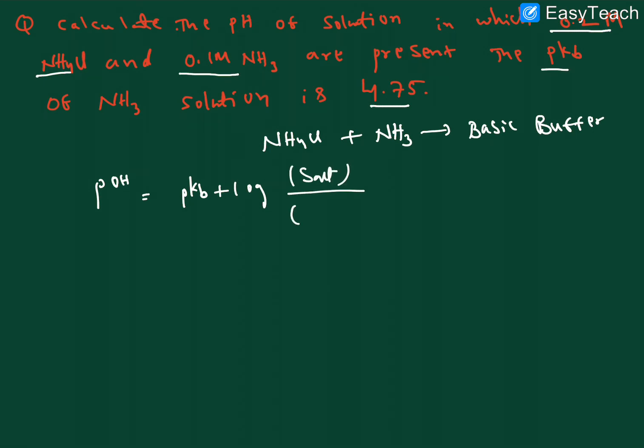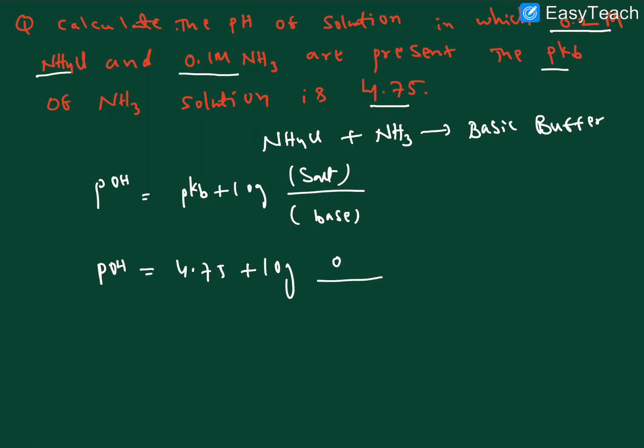For the basic buffer solution, the pOH is equal to pKb plus log of salt concentration divided by base concentration, right?